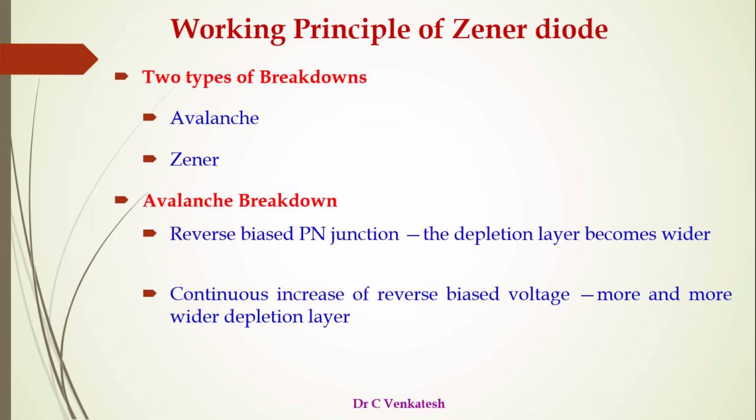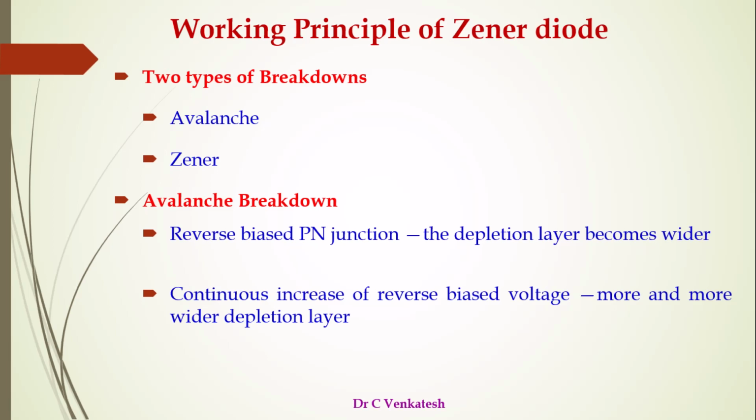When a PN junction diode is in the reverse biased condition, we know that the depletion layer becomes wider. That is, the majority carriers on either side of the PN layer are attracted by the battery terminals. The depletion layer width is increased as the voltage increased.